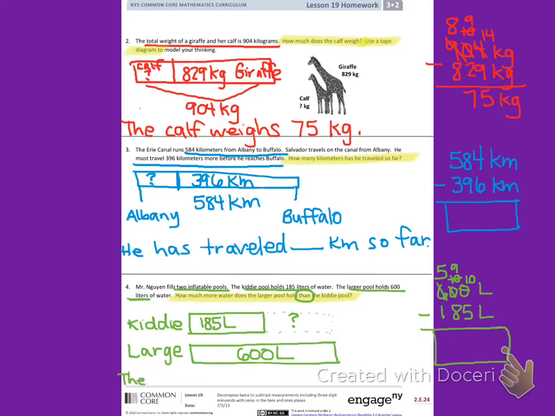The larger pool holds blank more liters of water. And you could even put the larger pool holds blank more liters of water than the kiddie pool. Either way is correct.